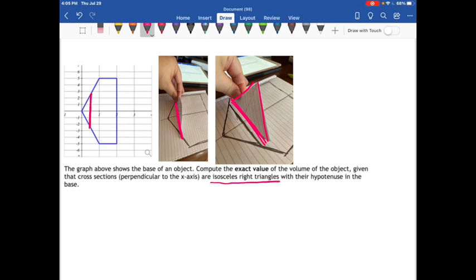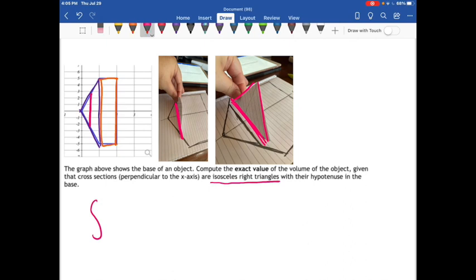Now, in order to find the volume, we need to write this in two parts because this base is in two different shapes. We have this piece here that I just highlighted in purple, and then we have this piece here that I just highlighted in orange. So we have to do this on two intervals.